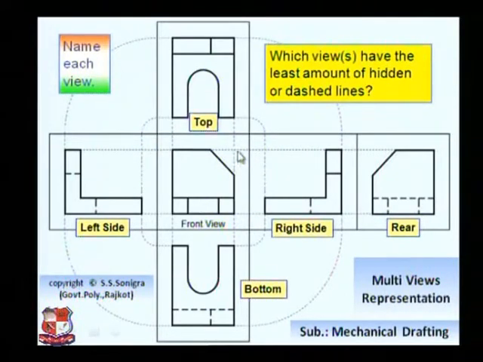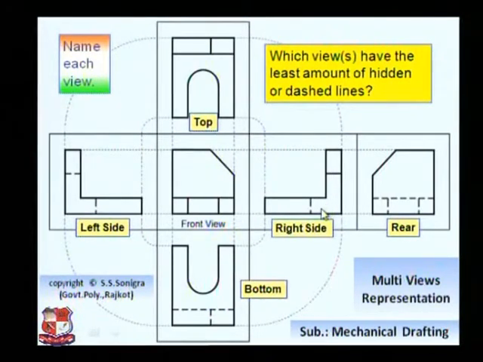Which views have the least amount of hidden or dashed lines? From all these 6 views, you select the views which have the least amount of hidden, dotted or dashed lines. You can see here, in comparison with the rear view, the front view has fewer dotted lines, the top view has fewer dotted lines, and the right hand side view has a lower number of dotted lines.